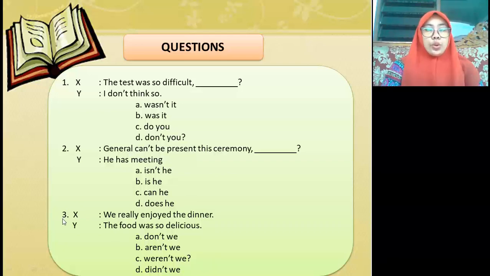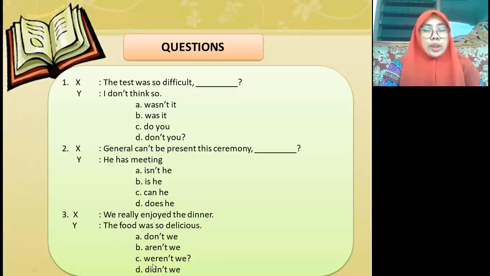Next, number 3. We really enjoyed the dinner. The food was so delicious. Enjoyed is a verb in past tense, so your answer must use an auxiliary in past tense. Okay? Because your sentence is also positive, so your question tag must be the negative one. So let's see the answer.